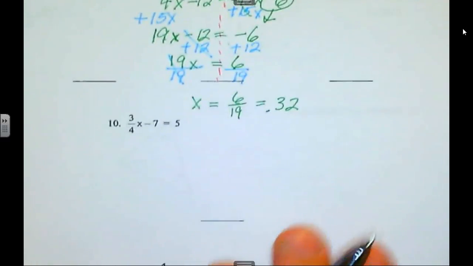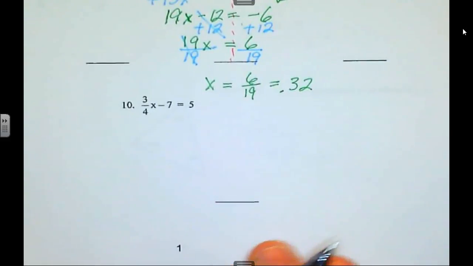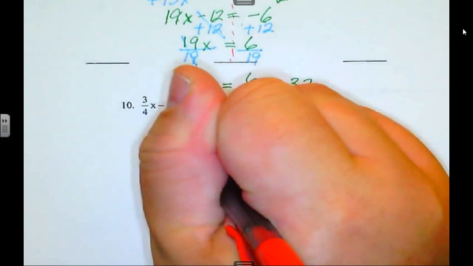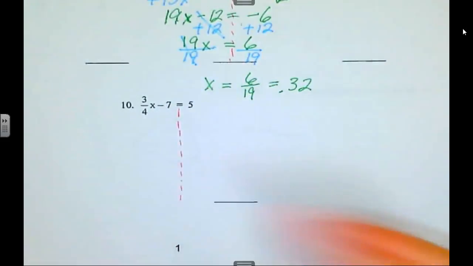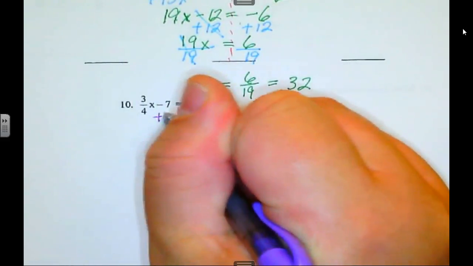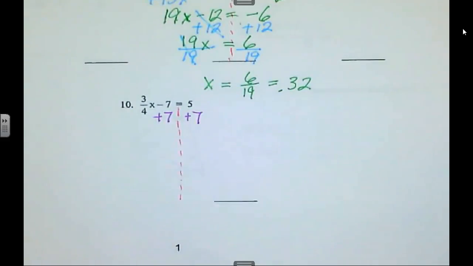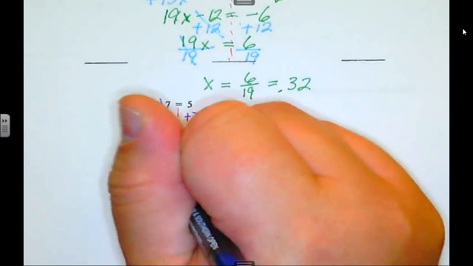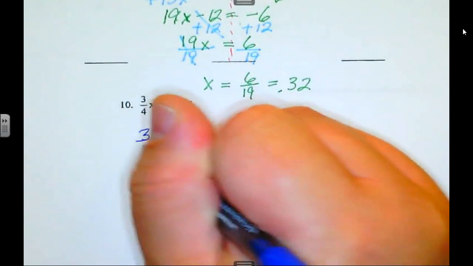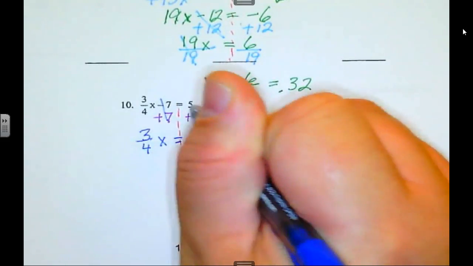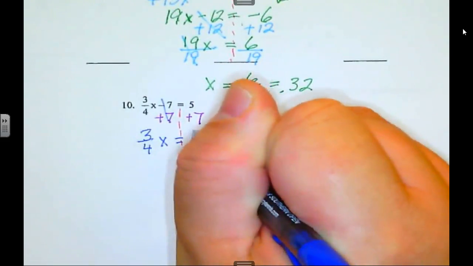Want to do number 10? What's the first thing I'm going to do? Yeah, I want to get that fractional term by itself. So I'm going to add 7 to both sides. So those add up to 0. I get 3/4 x equals 5 plus 7, 12.